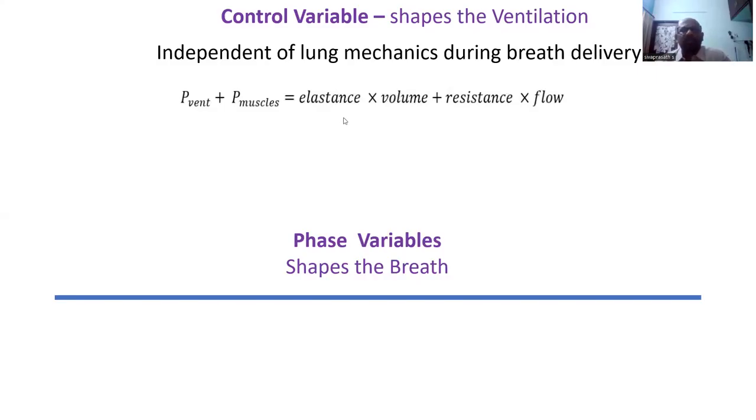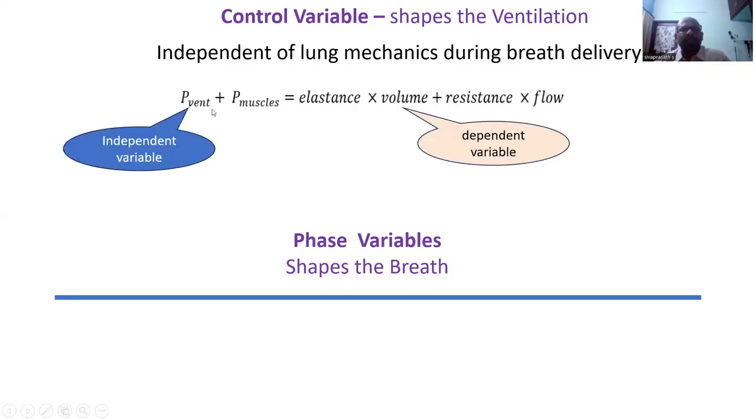So here we have 3 variables: the pressure, the volume, the flow, and 2 parameters, that is resistance and the elastance. If you make pressure an independent variable, the volume will become a dependent variable. If you make volume the independent variable, the pressure will become a dependent variable. So it is always vice versa in conventional modes of ventilation.